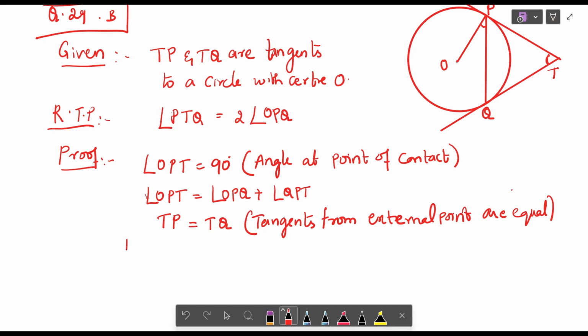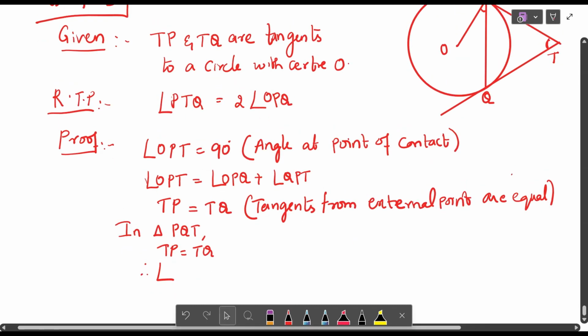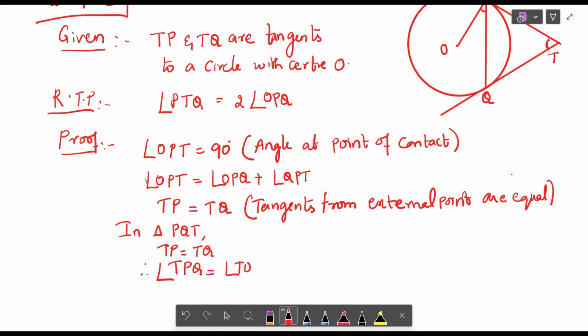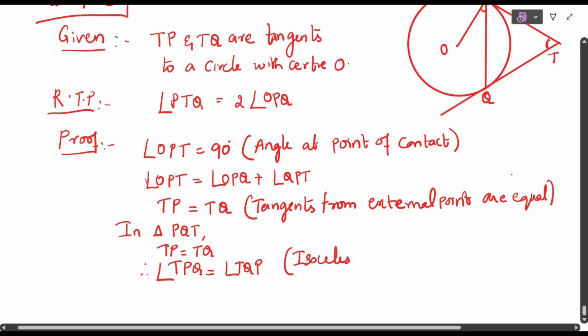So now if you observe carefully, we have a triangle PQT, and in this triangle we have TP equal to TQ. Means two sides of a triangle are equal. This is an isosceles triangle and their opposite angles will be equal. So angle TPQ will be equal to angle TQP. Why? You have to write the reason here. Isosceles triangle property. Or otherwise, you can write the statement directly here.